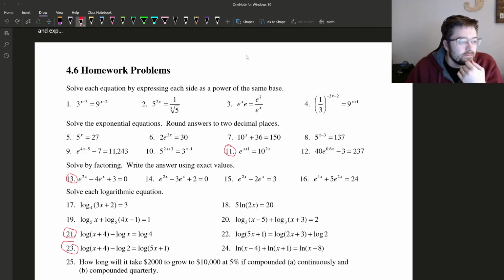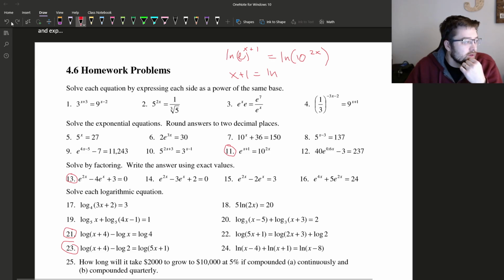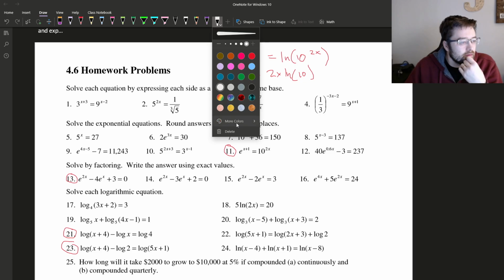But if you say take the natural log of each side, natural log of e to the x plus 1 equals natural log of 10 to the 2x, then we can have something that says x plus 1 equals 2x natural log of 10.